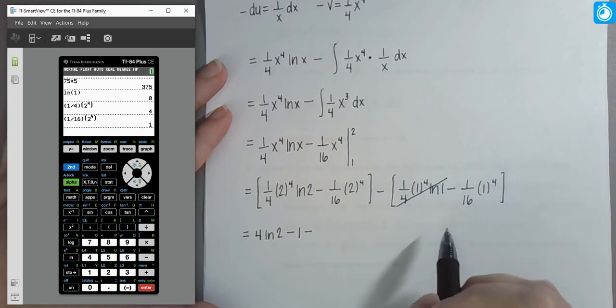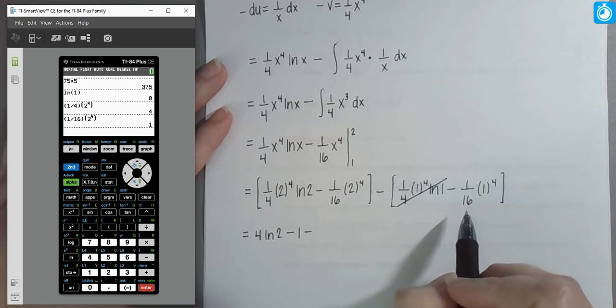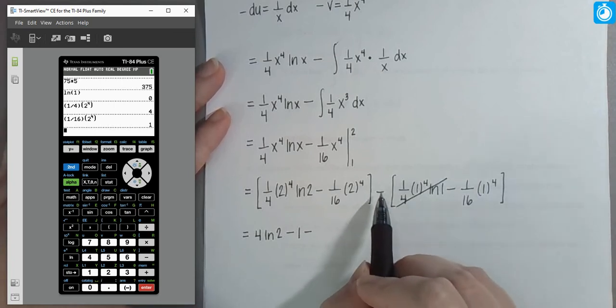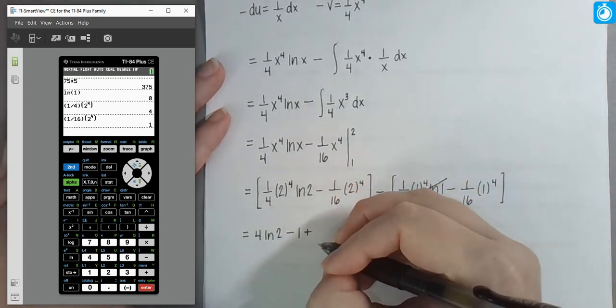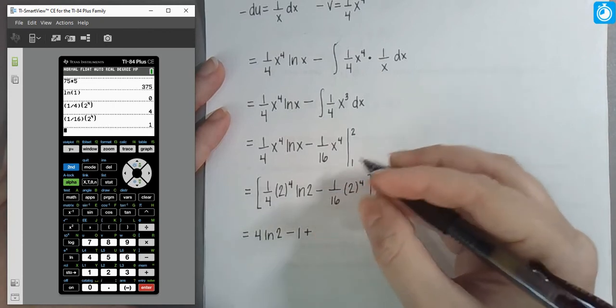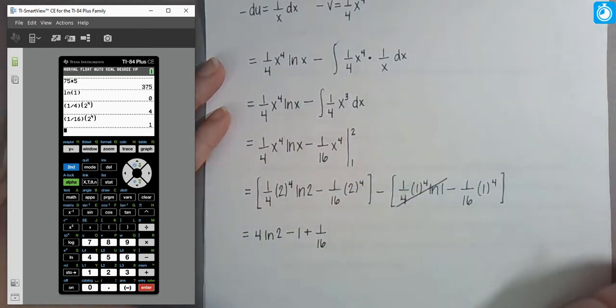Okay, well 1 to the 4th is just 1, right? So negative 1/16 times 1, which is just negative 1/16, and then that's subtracted. So those two negatives turn into a positive, and so it's going to be plus 1 over 16.